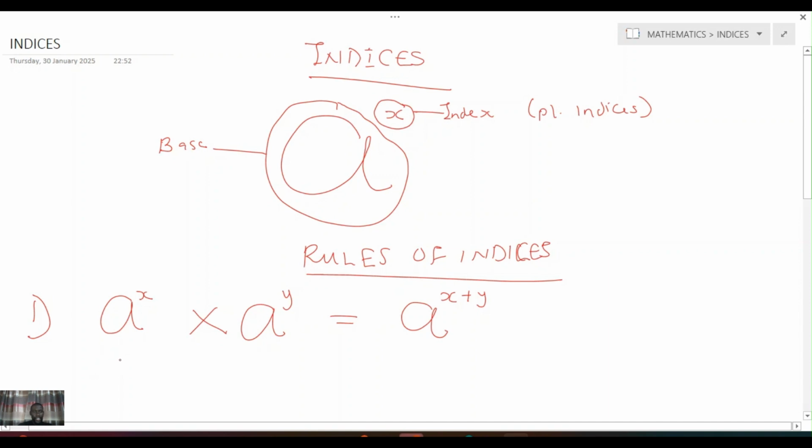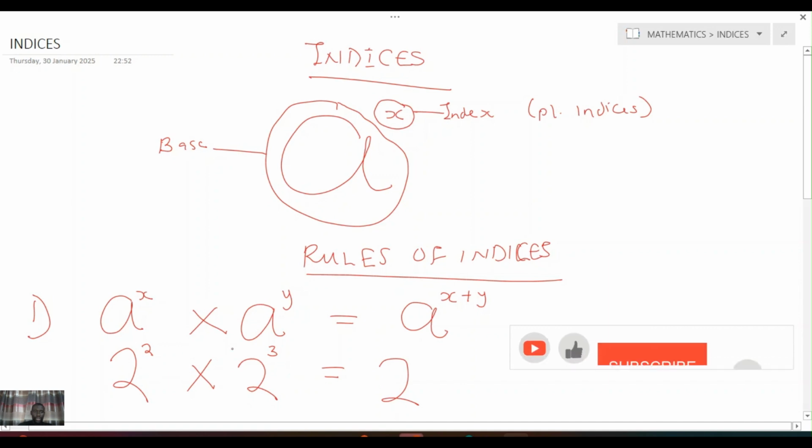Let's look at an example. 2 raised to power 2 times 2 raised to power 3 will be equal to 2 raised to power, because they are multiplying each other, the powers will be added, 2 plus 3.